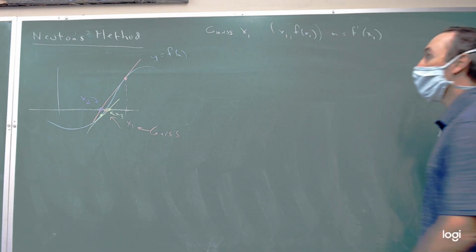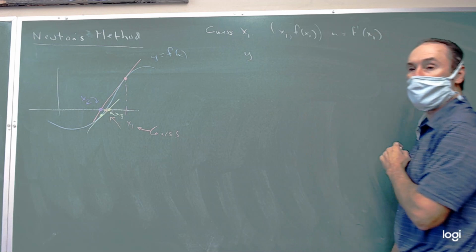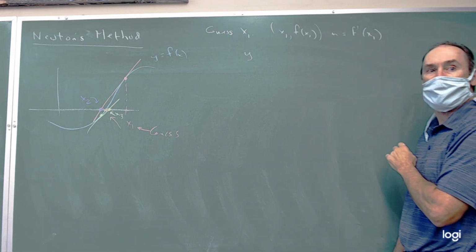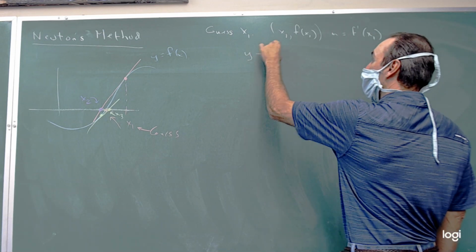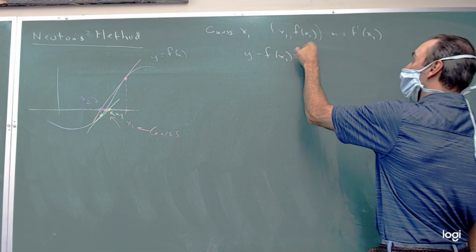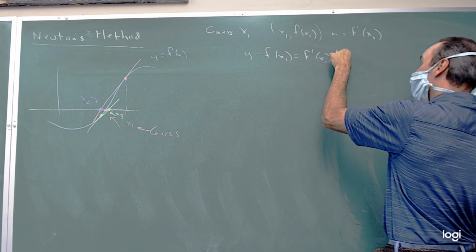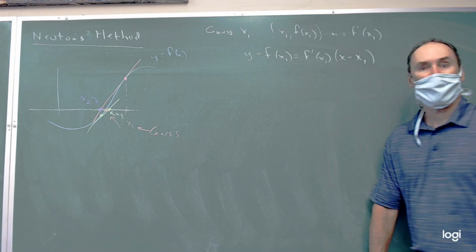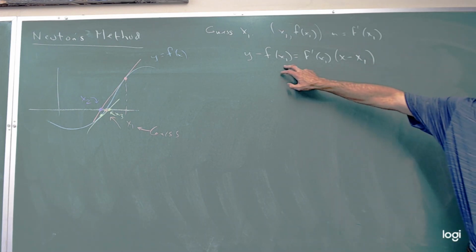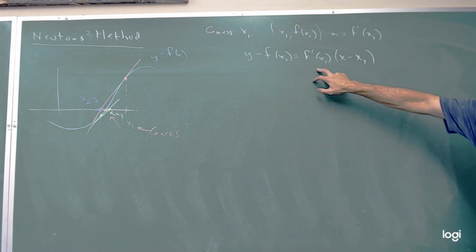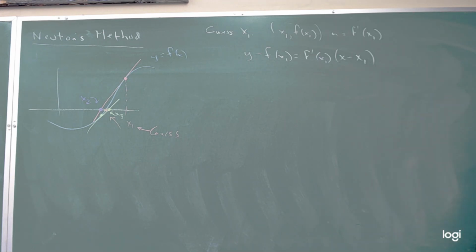And so then we're going to get our tangent line. Tell me if I'm going too fast, because I'm racing against the clock here. y minus y1 equals m times x minus x1. So y minus f of x of 1 is f prime of x of 1 times x minus x1.